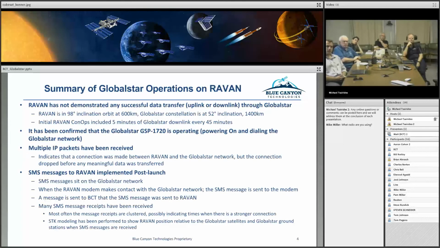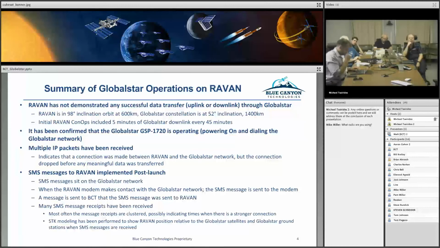We have done some testing where we did some planning around a conjunction with one of the satellites in the constellation, looking at a case where we would have a relative minimum Doppler shift while the satellite was over one of its ground stations, and we saw some limited success with that.